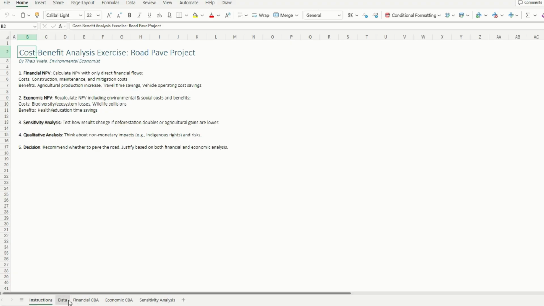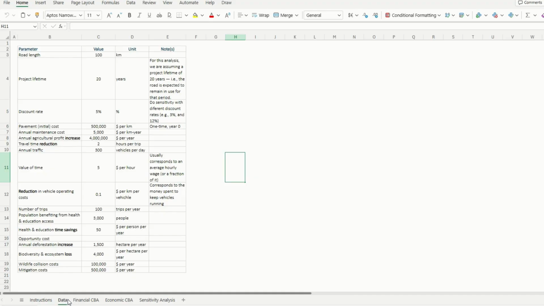Then we have the data tab, which consists of the assumptions table. It has all the baseline numbers we'll need for calculations, and separate tabs for the financial CBA, economic CBA, and sensitivity analysis. Let's begin now with the financial CBA tab.